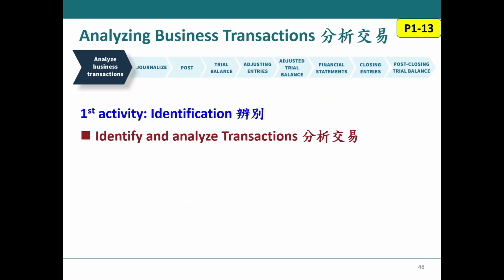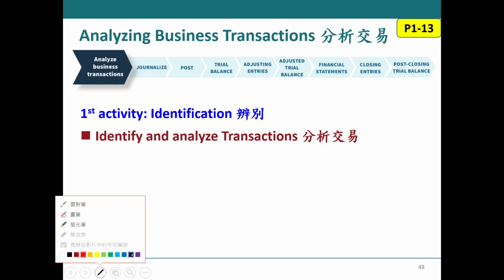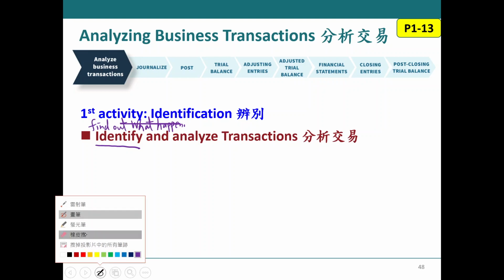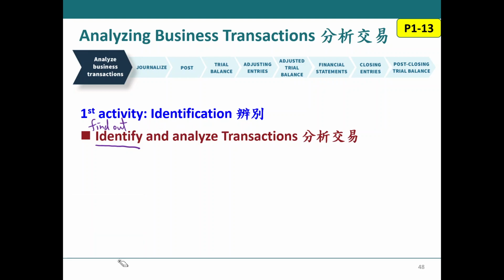So what does it mean? Identify: to find out what's going on in the company. So identify, find out what's happening in the company.